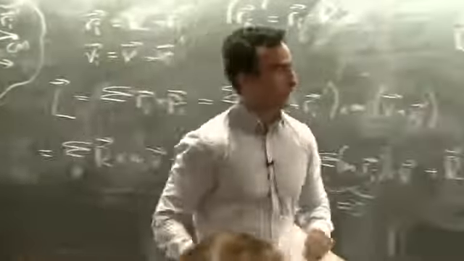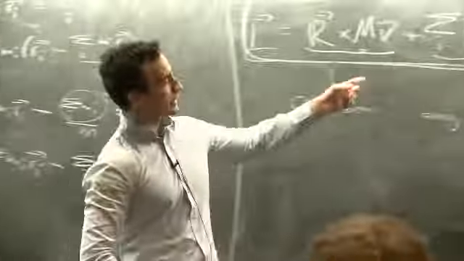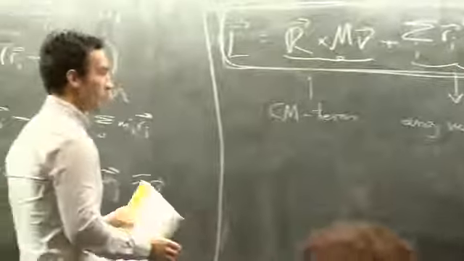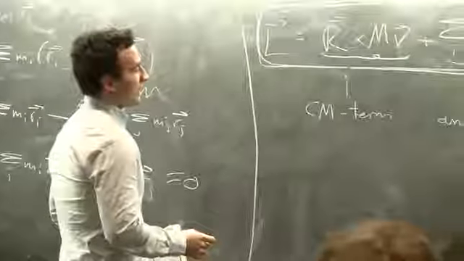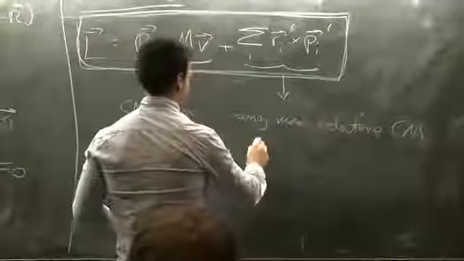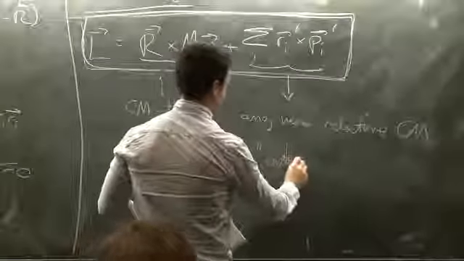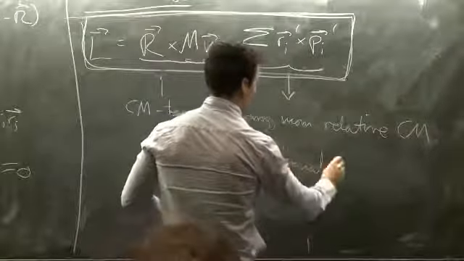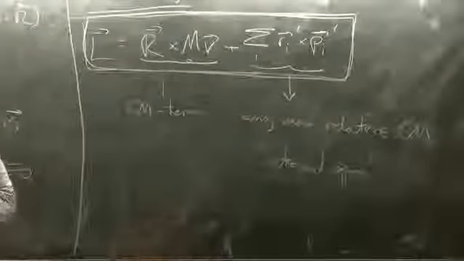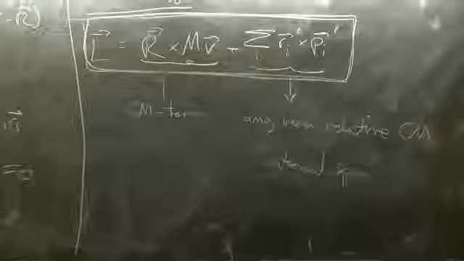So that's the second term, because it only consists of the relative position and the relative momentum. So we could rephrase this as the internal spin of the system, we could say.